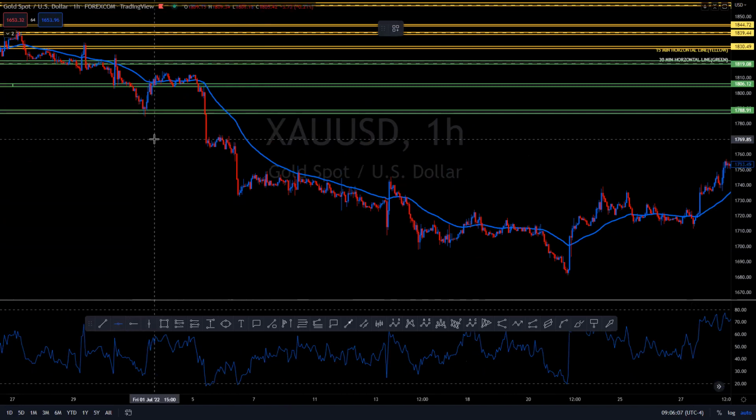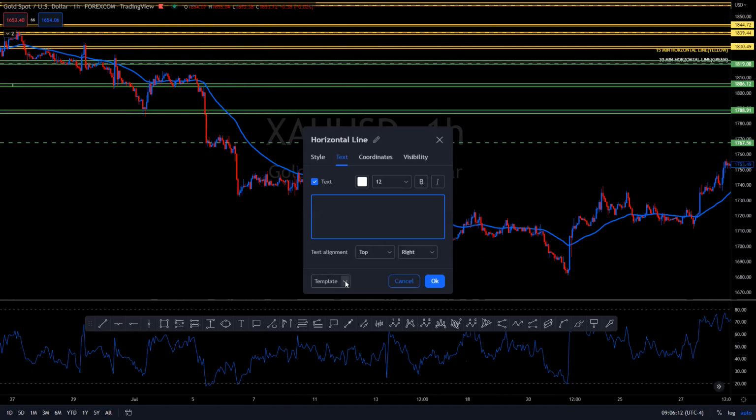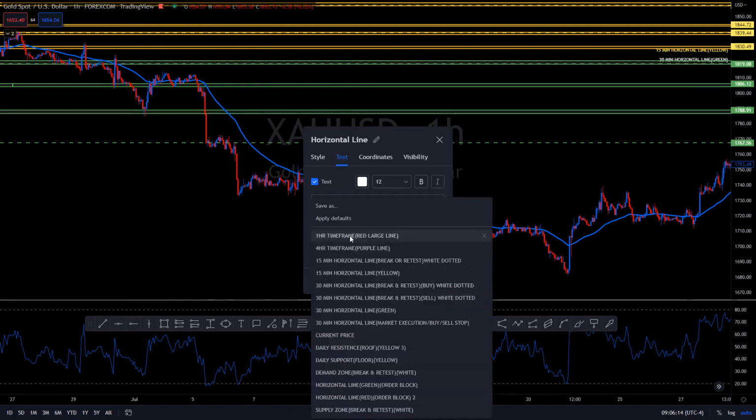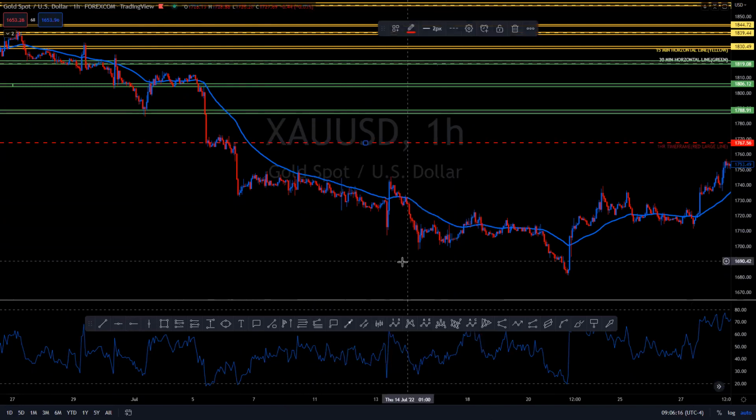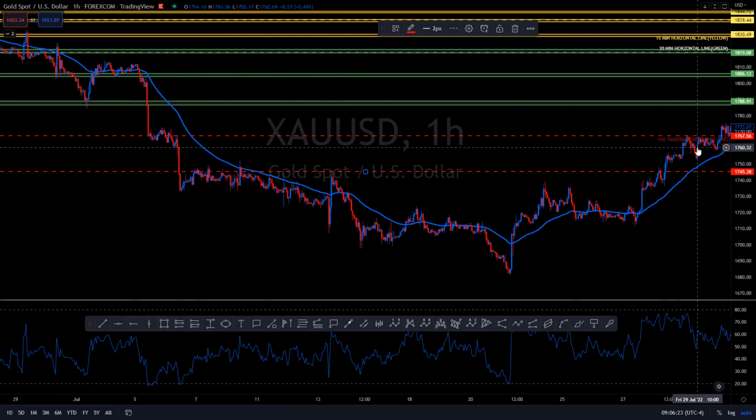So there was a base supply zone here. Another strong supply zone here.